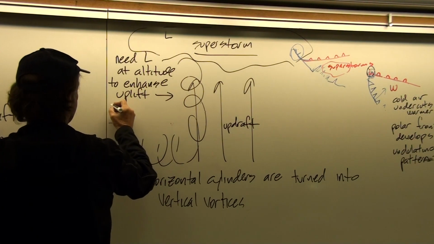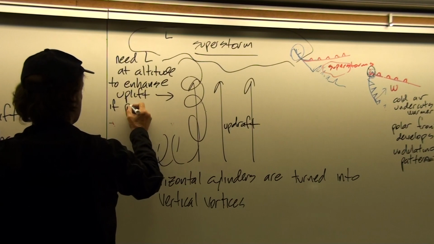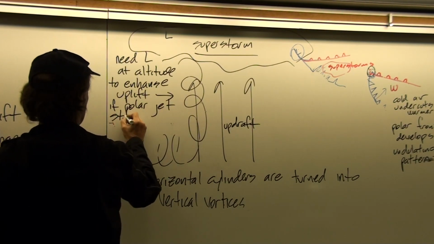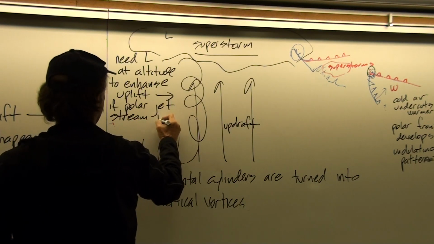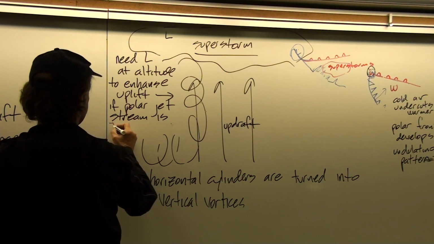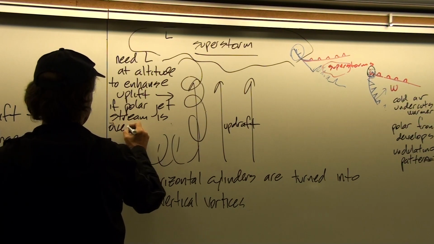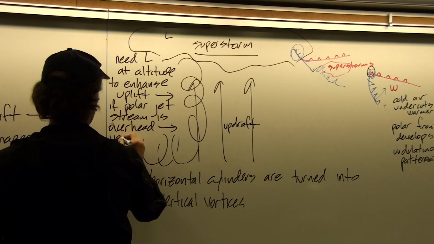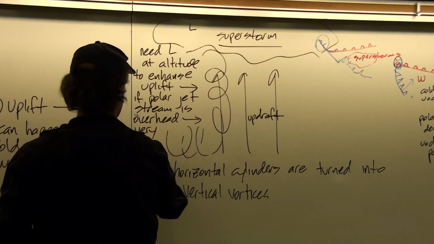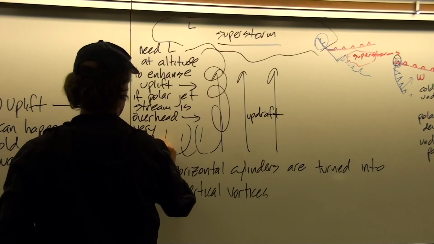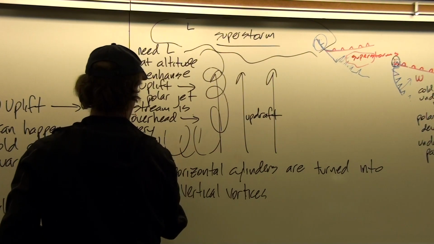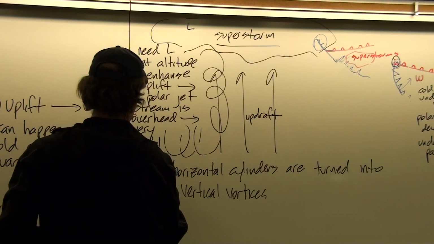And so if the polar jet stream is overhead at altitude, this is very helpful in forming tornadoes, as well as superstorms.